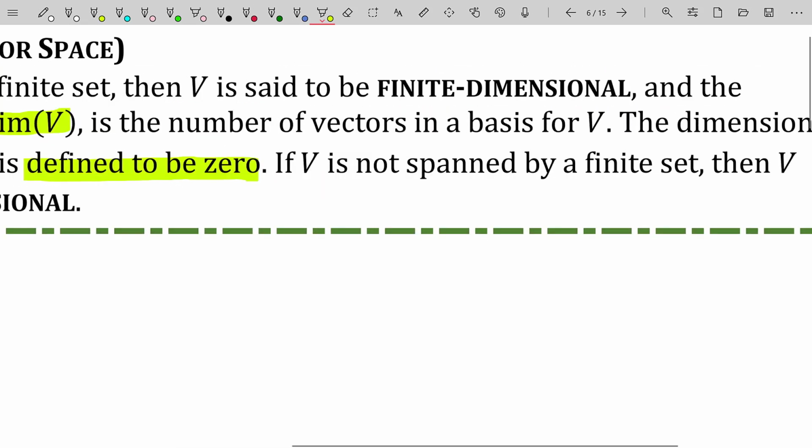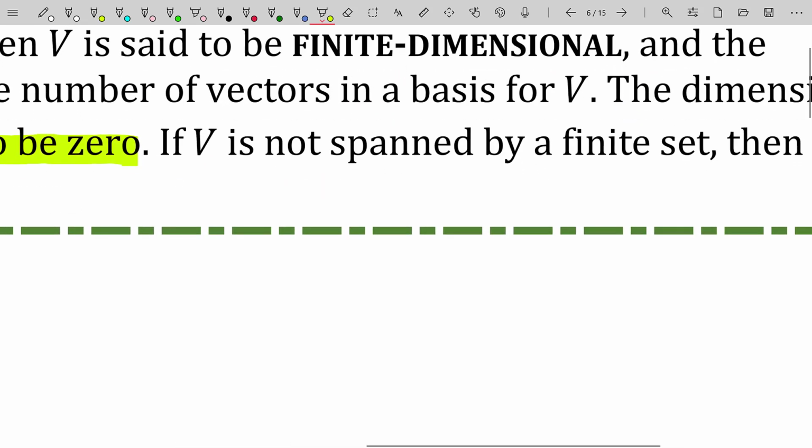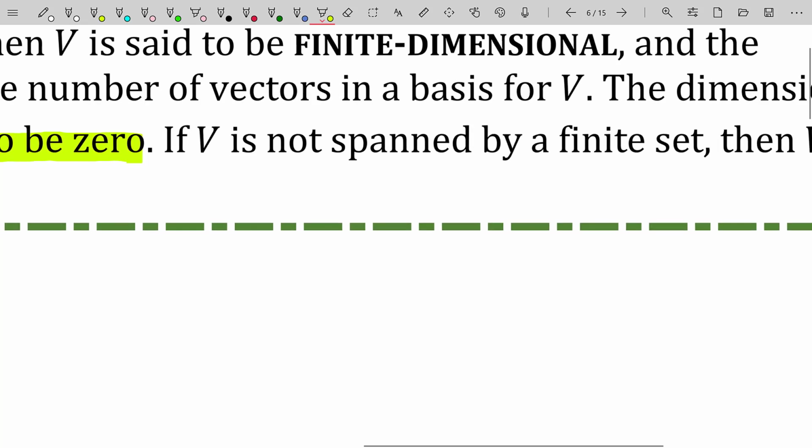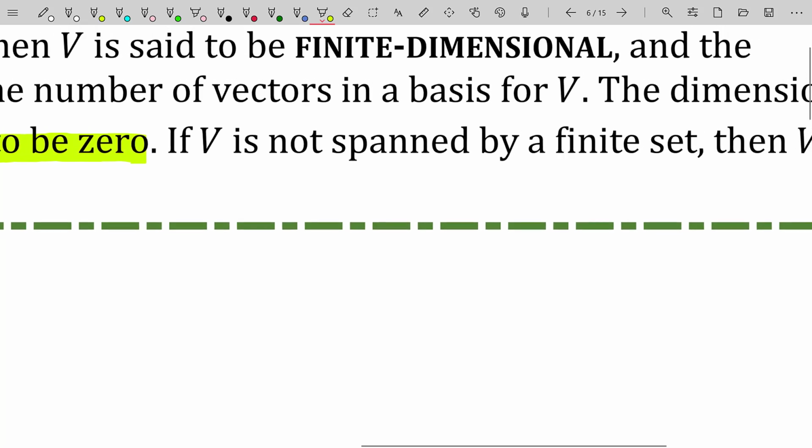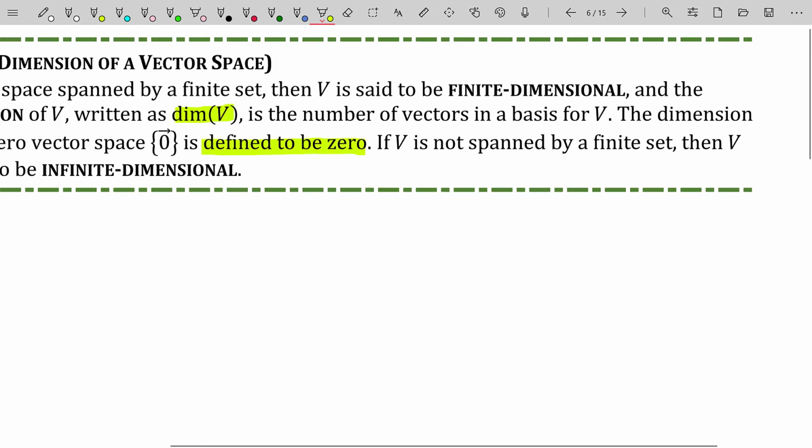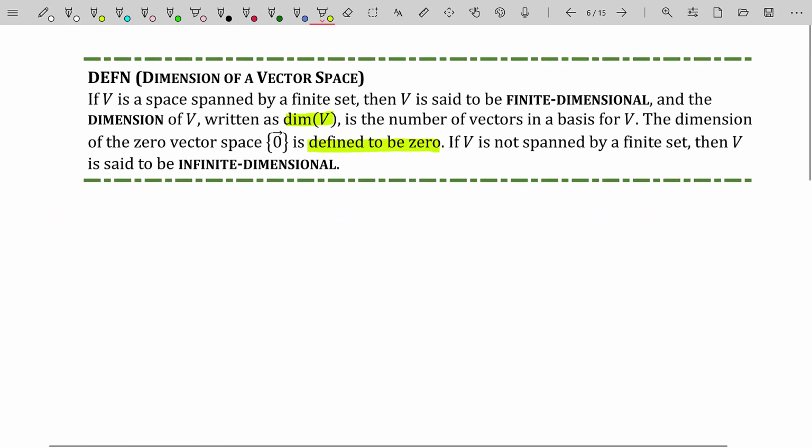By the way, if V is not spanned by a finite set, first of all, that's got to be pretty hard for you to imagine, but it's actually not too difficult to create. But if it's not spanned by a finite set, then V is said to be infinite dimensional. If you want to think about a set that is infinite dimensional, think about a basis for the set of all functions.